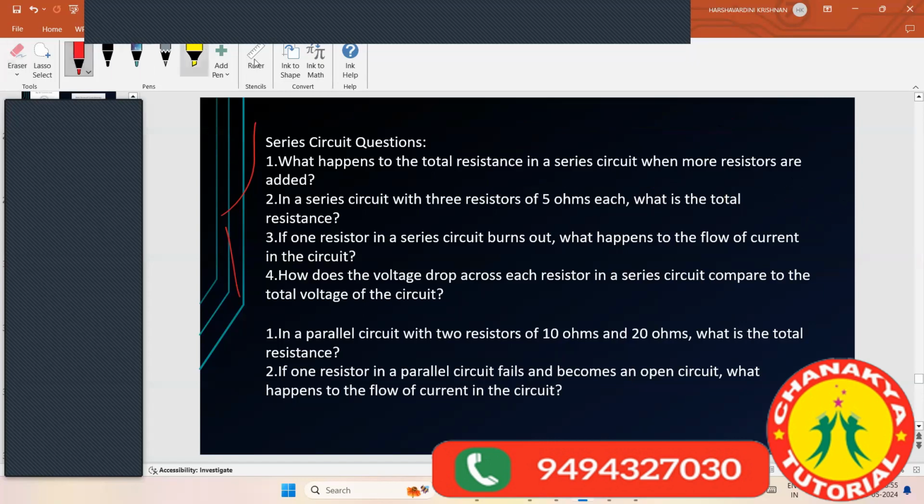Now I'll change my question a bit. There is a series circuit first, so R tot will be R1 plus R2 in this case. Now I'm adding a parallel connection to this. Shall I take a new slide?